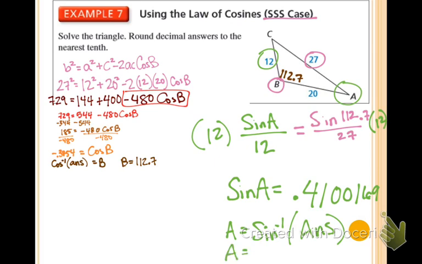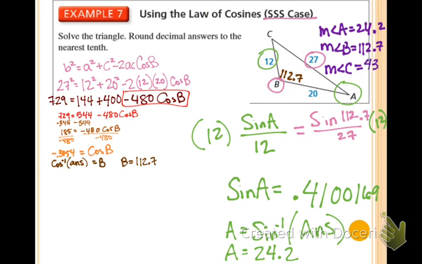What do we get for angle A? 24.2. So now we have angle A. Measure of angle A is 24.2. The measure of angle B is 112.7. How do we find the measure of angle C? Add them and subtract from 180. Give me the answer super quick. 43.1.